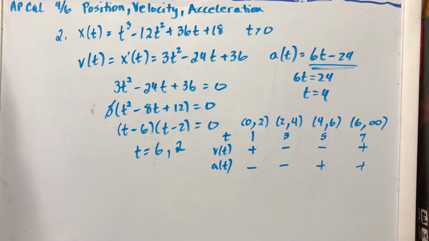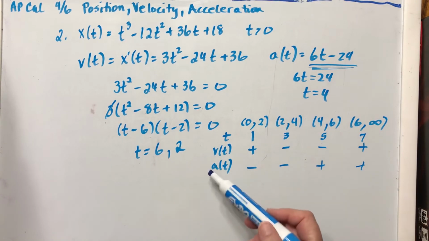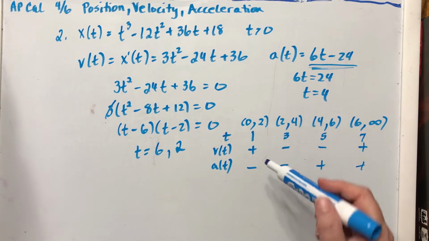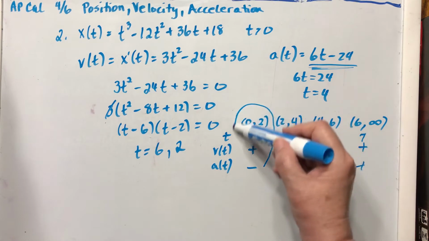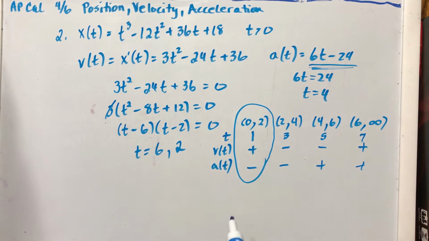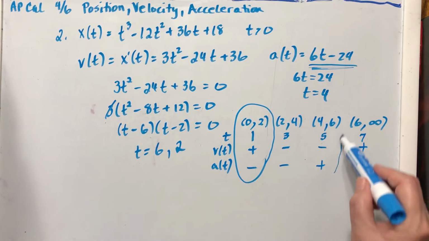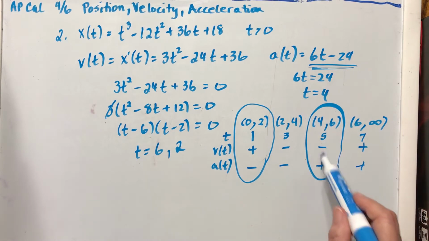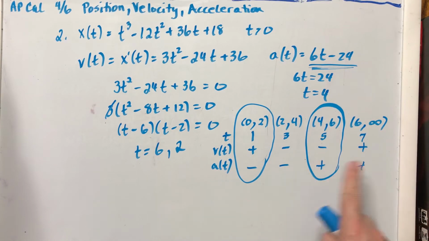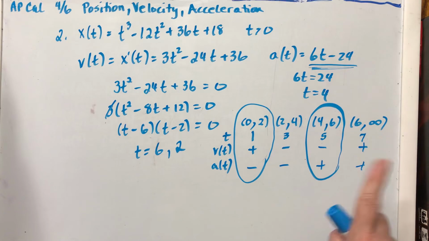So the question asks the interval of time in which the particle is slowing down. It's slowing down when the velocity and acceleration have different signs. So we're looking at right here, because one's positive and one's negative, and then right here, because one is positive and one is negative. The other two time frames, we're speeding up because the signs are the same.